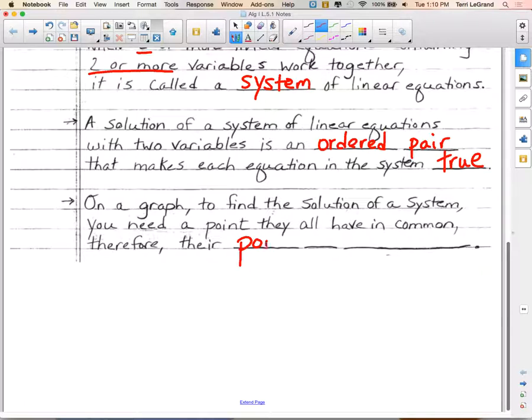Therefore, you're going to look for their point of intersection. When you are solving by graphing, you need to estimate where you think those 2 lines are intersecting. And then we're going to check it to make sure that it really does make the equations true. It has to make both of them true. Any clarification needed on this side?